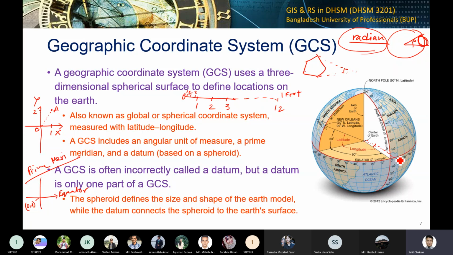So for every degree, because the earth is round, so 360 degrees, and since 0 degree has started here, 360 degrees is again 0, so now I have 359 lines, or rather 359 degrees.